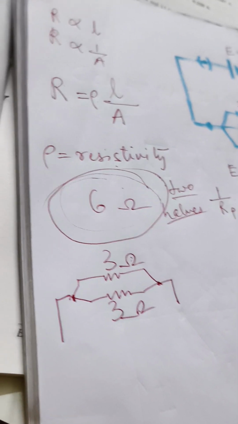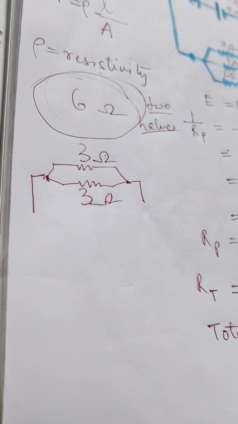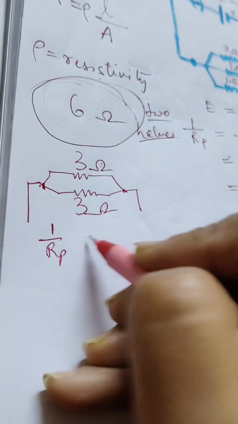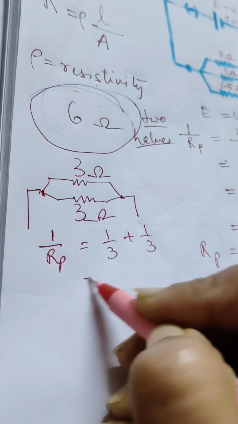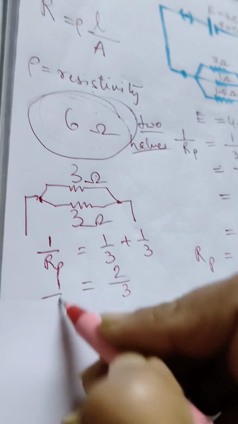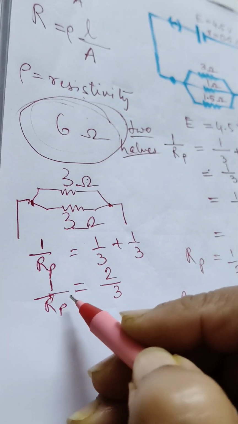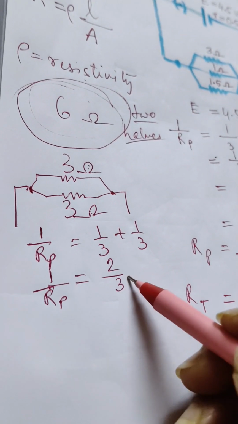Now then you are asked to find the equivalent resistance. So is it interesting? So equivalent resistance 1 by Rp will be 1 by 3 plus 1 by 3. What do we get? We get 2 by 3. That is 1 by Rp. Never forget, I have seen students who directly then write Rp equal to 2 by 3. No, Rp is not 2 by 3.